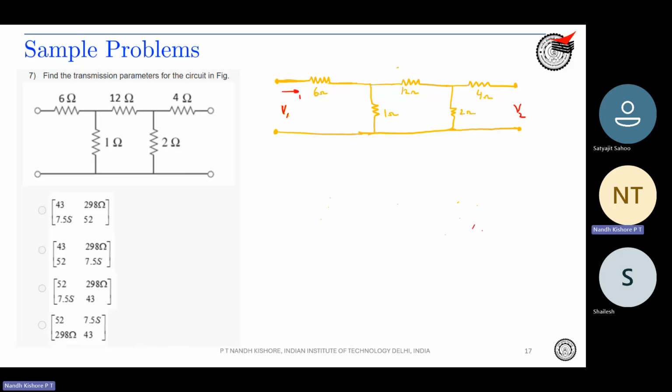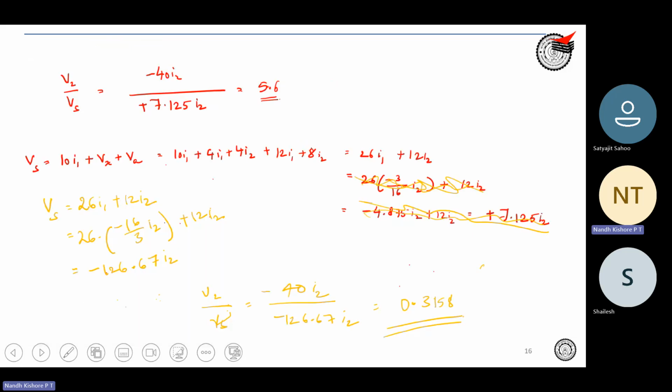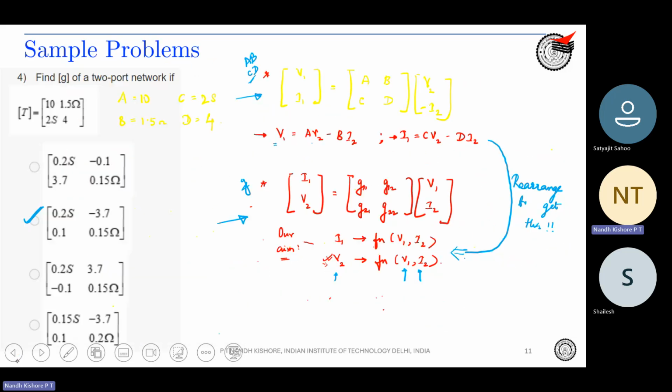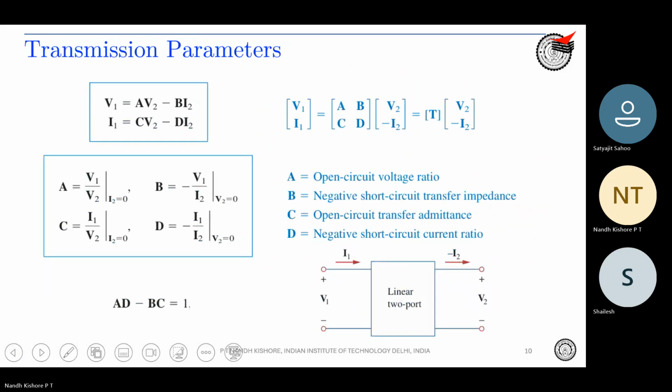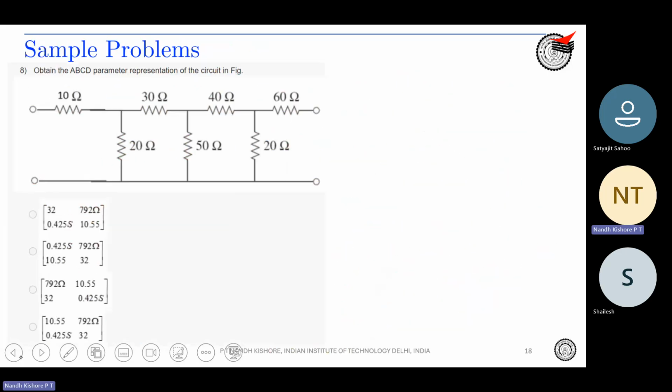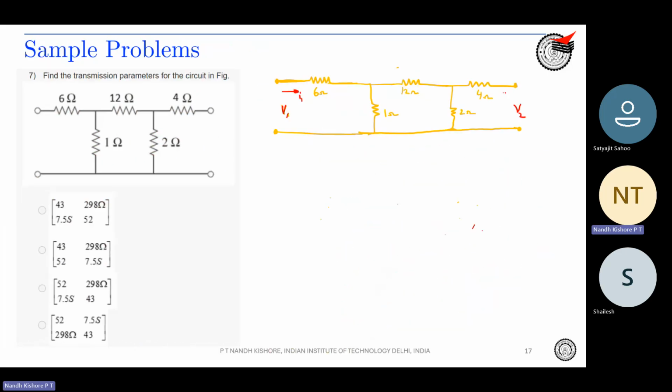You have I1 going in this way, and you have I2 going inside.